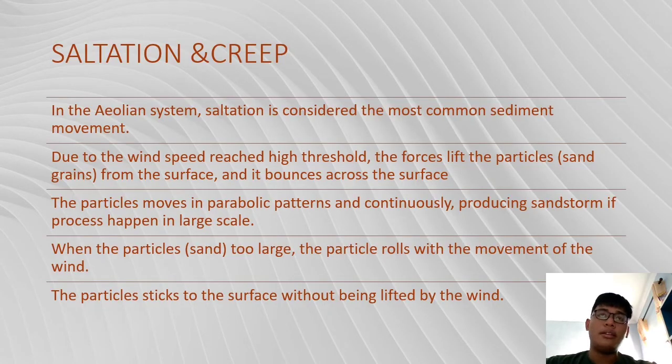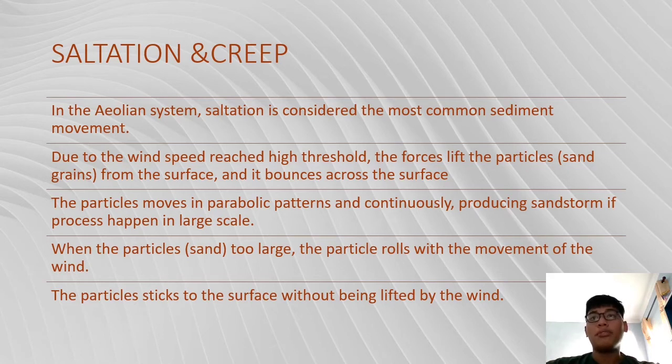So in the Aeolian system, there is a system of transportation. In the desert, saltation is considered the most common sediment movement. This is because when the wind speed reaches a high threshold, particles such as sand grains will be lifted from the surface.